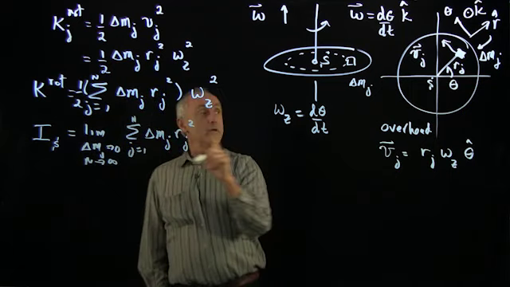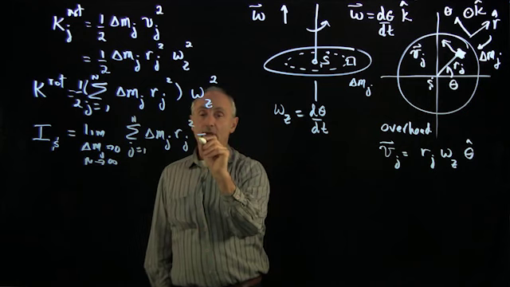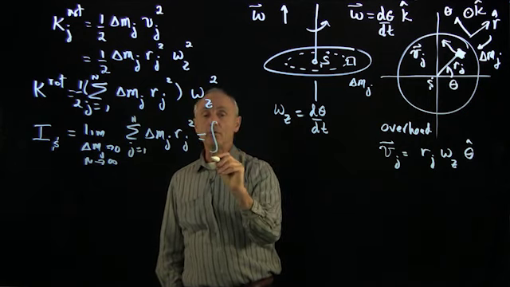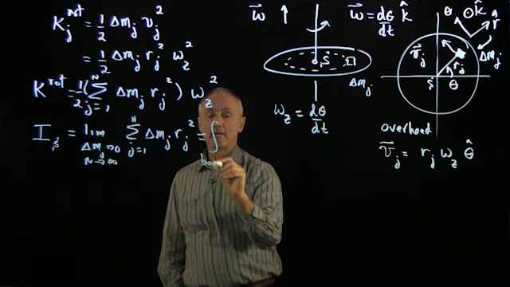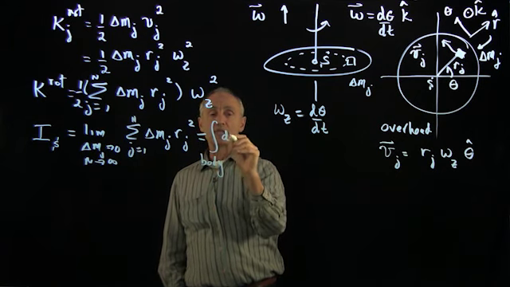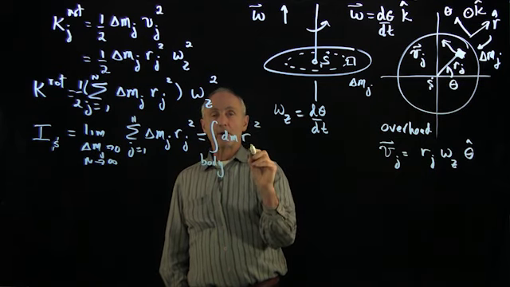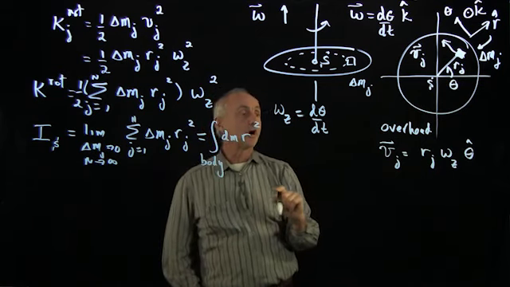Now, because this is a limit for the continuous body, we'll define it as the integral over the body of a small mass element dm that's a distance r squared. Now here, what is the meaning of the r?